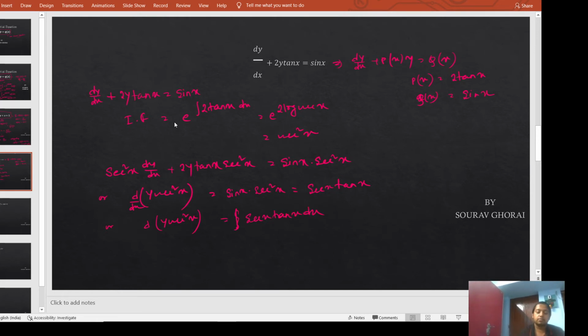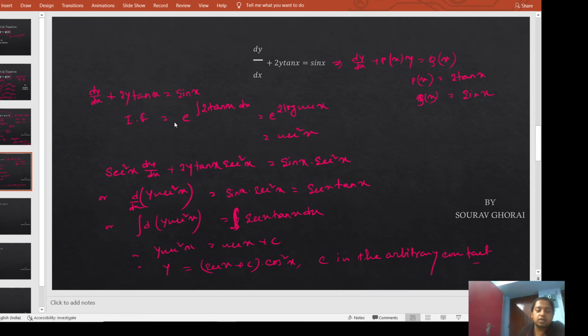And now, after integrating, we get y sec² x is equal to sec x plus c, or y is equal to (sec x plus c) into cos² x, where c is the arbitrary constant.